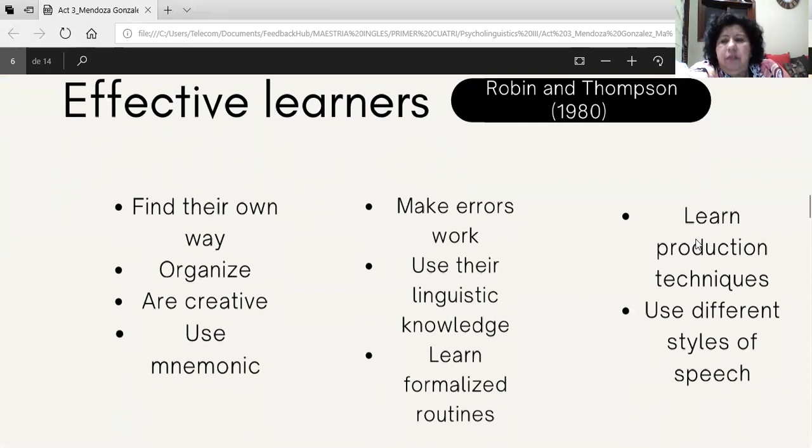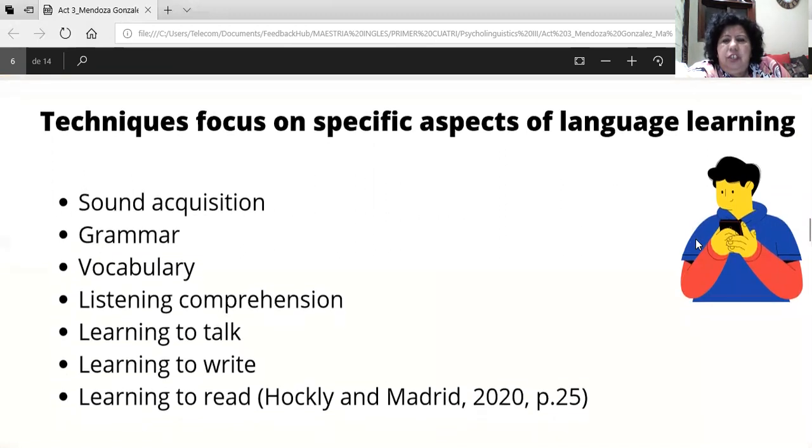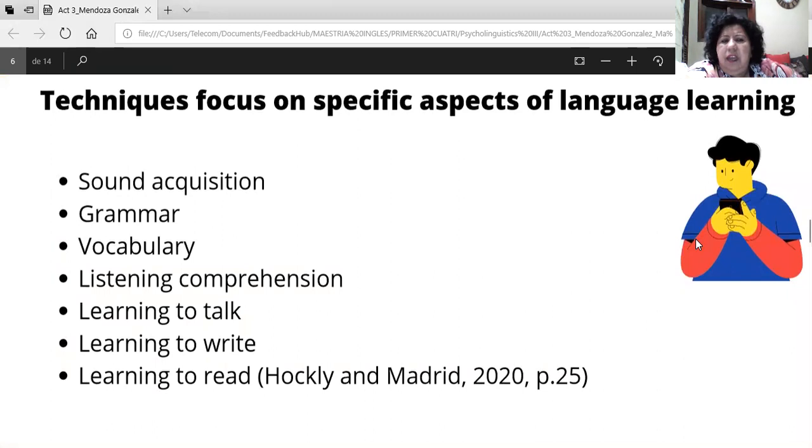Of course, all of these can be oriented by the techniques and the strategies. Techniques focus on specific aspects of language. These can help in sound acquisition, grammar, vocabulary, listening comprehension, learning to talk, learning to write, and learning to read.